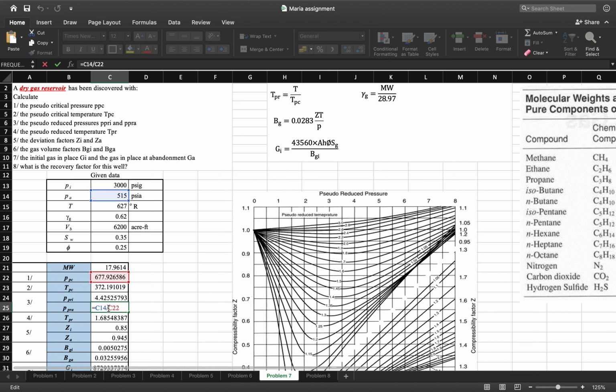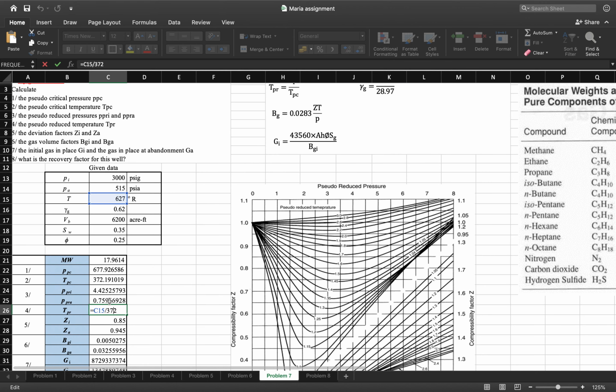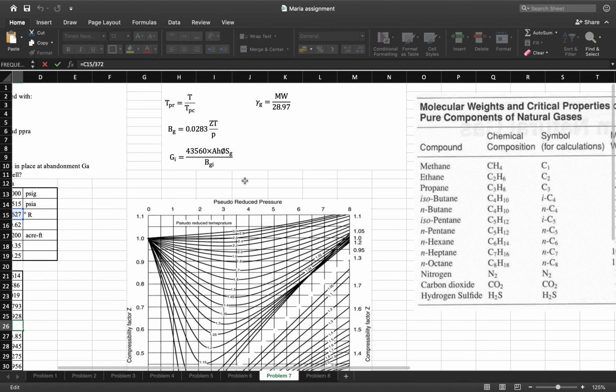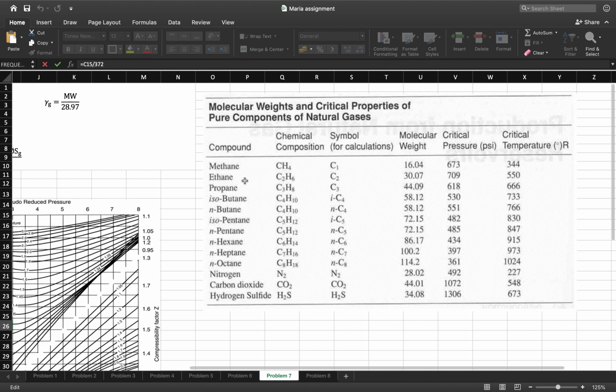The same, you have the PC, the PA here, and you will divide it by the PPC, the pseudo critical pressure. The same for the TPR, you have the T divided by this one. Easy, okay, easy.